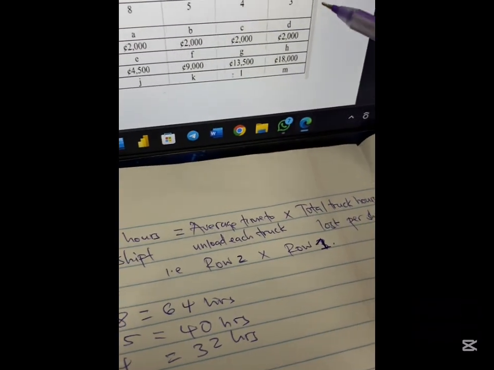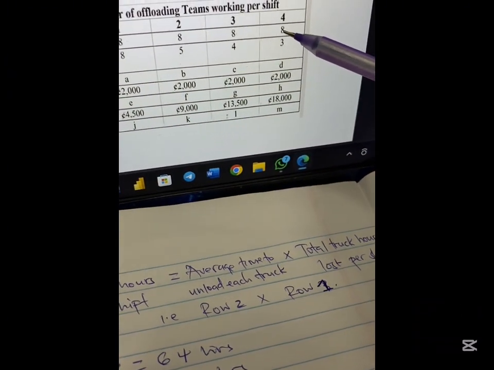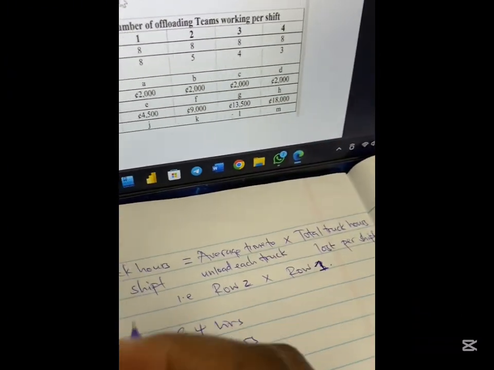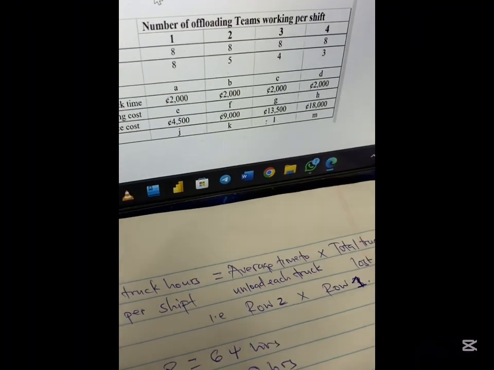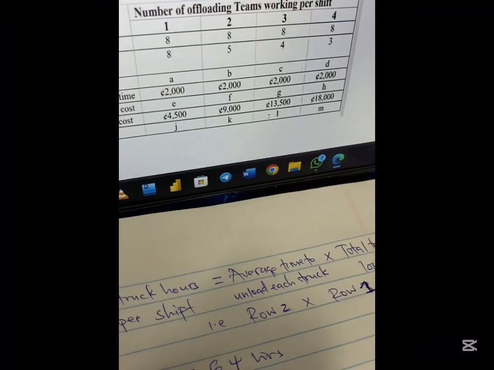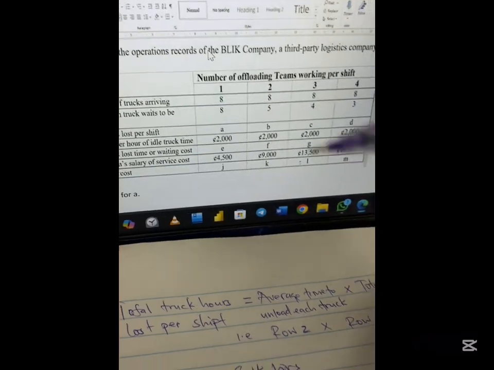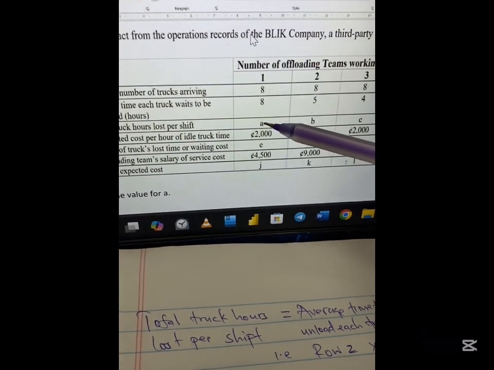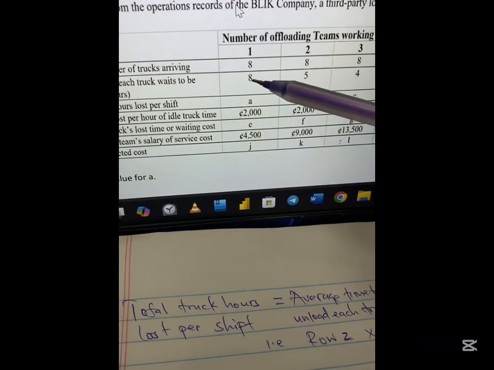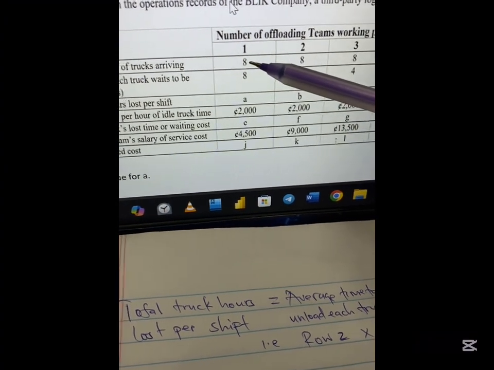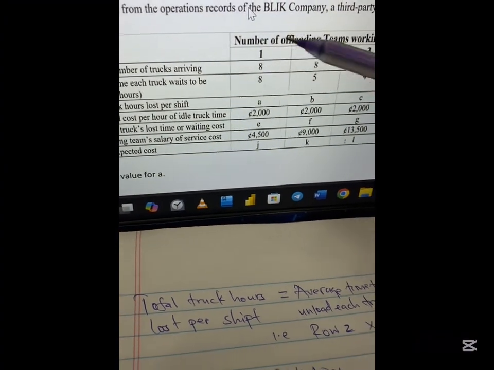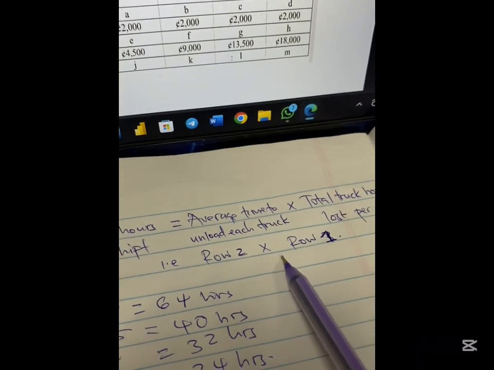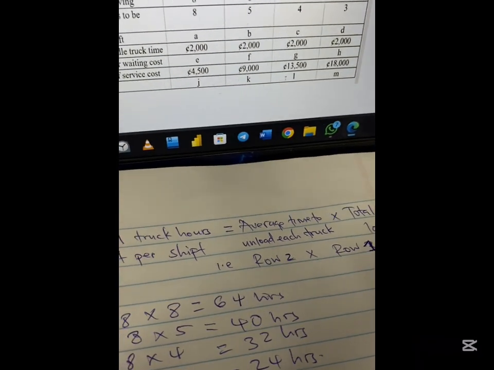And then the value of D will be 8 times 3, which is 24 hours. So the easy way for this particular question to get the values of row 3 is to take the value of row 2 multiplied by the value of row 1.